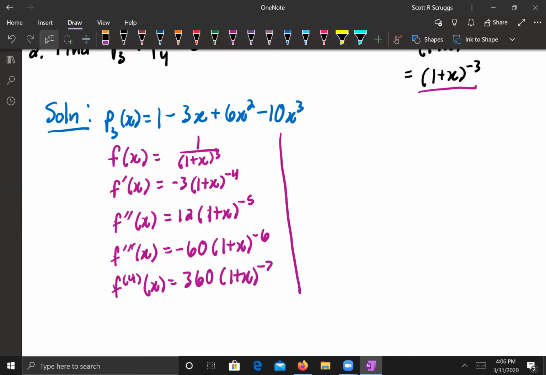And now plug in our center. So that means wherever I see an x, I'm going to plug in 0. Plugging in 0 there just gives me a 1.